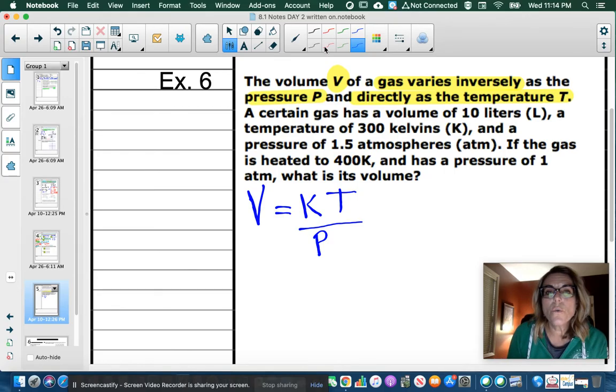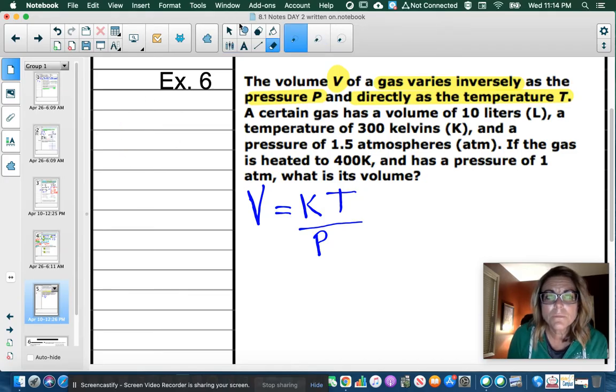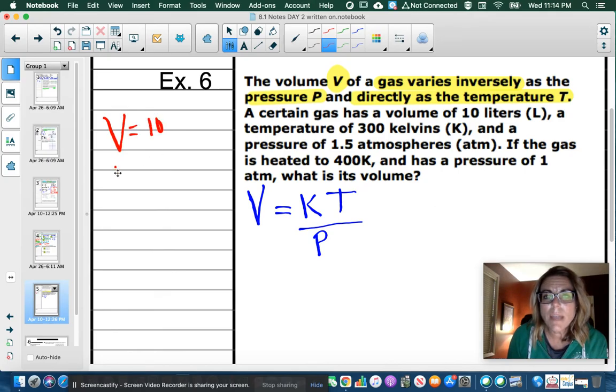Okay, so they're telling us that a certain gas has a volume of 10 liters, a temperature, that's our T, of 300 kelvins. That's not our K value, that's our temperature, and a pressure P of 1.5.